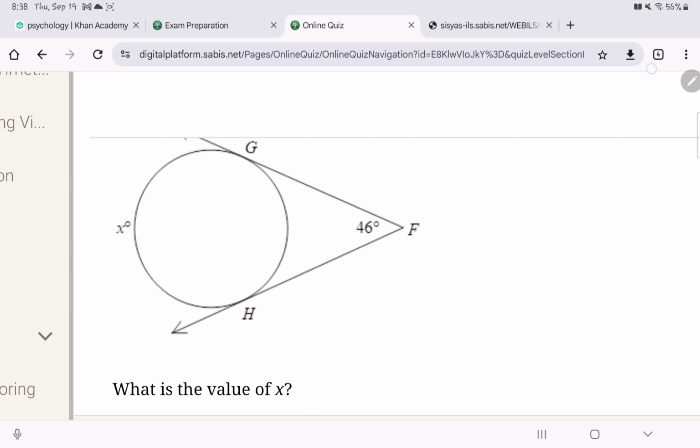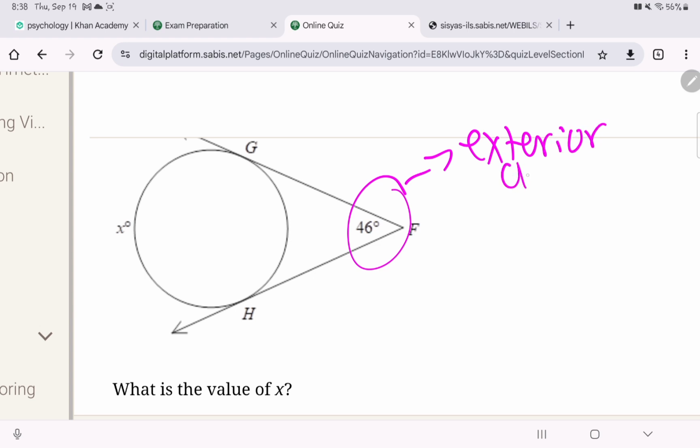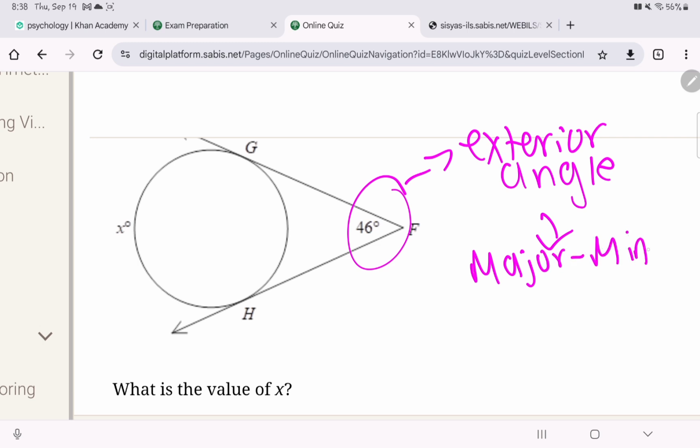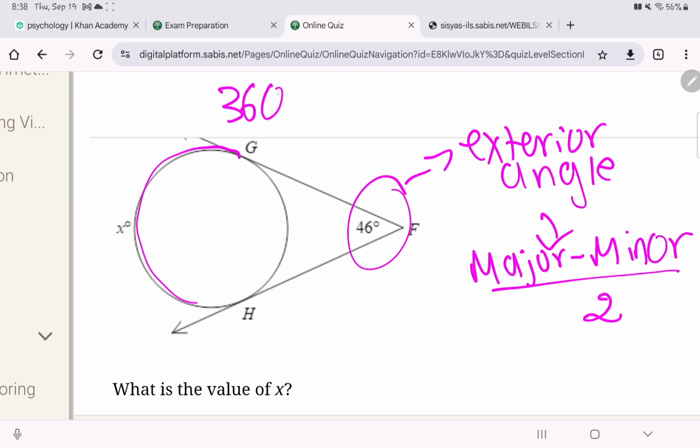So I will repeat. We have an exterior angle. The rule of exterior angle is what? Major minus minor over 2. So we have the major, which is x, and we know that in a circle the arc is 360.